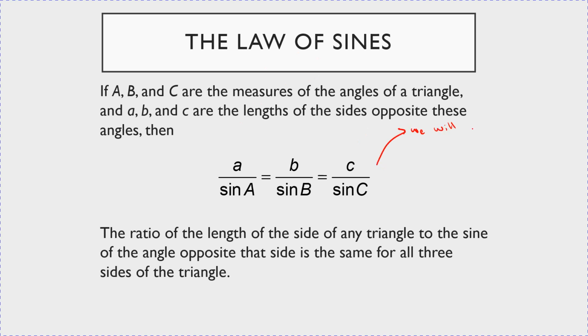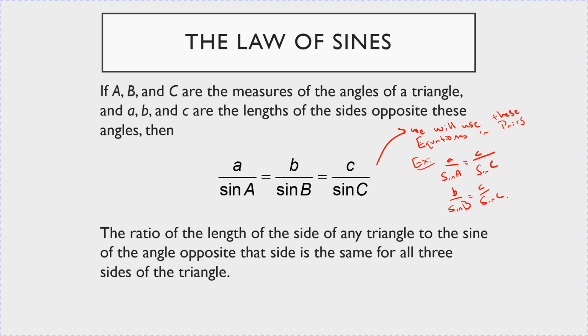So we will use these equations in pairs. For example, I could do something like this: a divided by sine of A is equal to c divided by sine of C. Or I could do something like this: b divided by sine of B is equal to c divided by sine of C. We're going to use these in pairs, and they're going to help us solve for missing values.